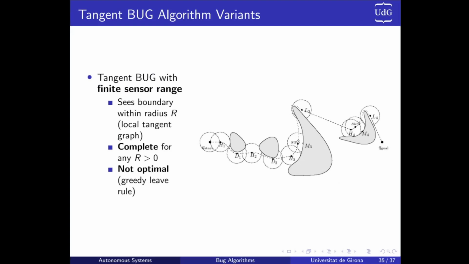With a normal implementation of the tangent bug, we have a finite sensor, 5 meters, 10 meters, 20 meters. These are the boundaries that we will follow, and this is more or less what we are going to do. Here we move forward, then we detect a point here, because the distance from this point to the obstacle is closer than the distance from the robot to the obstacle.